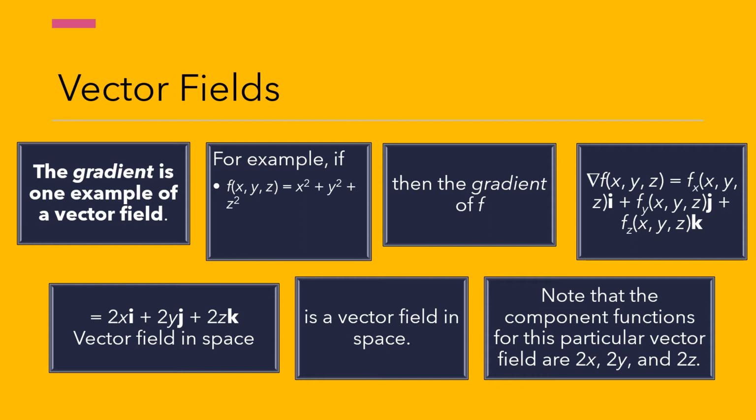So the gradient of any scalar function will be a very good example for a vector field. These 2x, 2y, 2z are the i component, j component, and k component respectively.